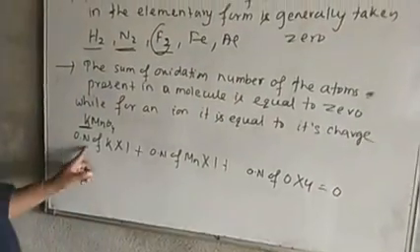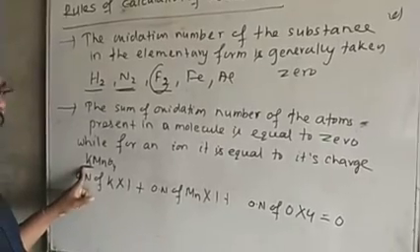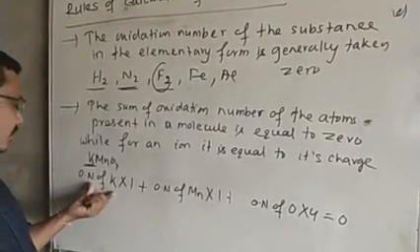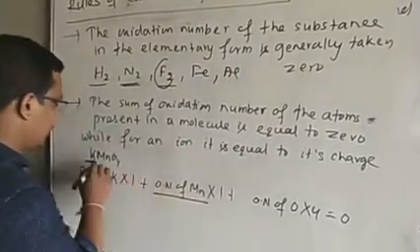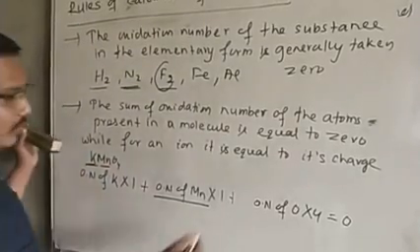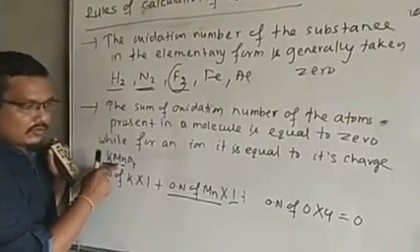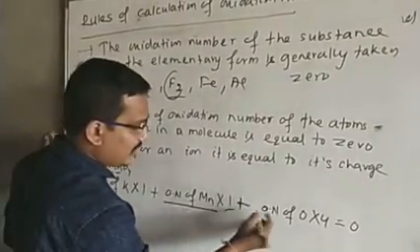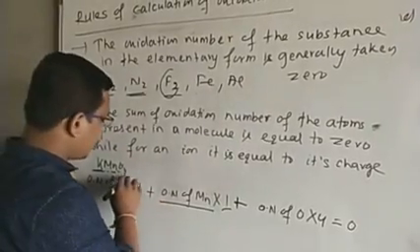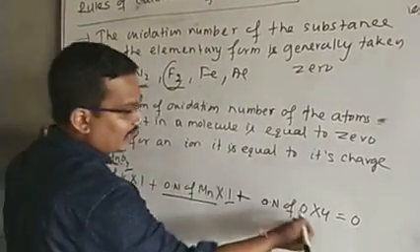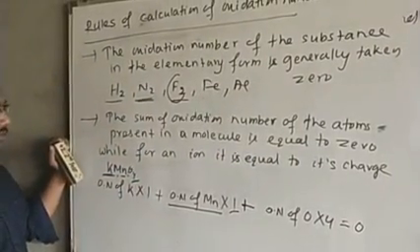Potassium into 1 means the number of potassium atoms is 1, manganese in KMnO4 is 1, and oxygen into 4 because there are 4 oxygen atoms present. So the sum is equal to 0.